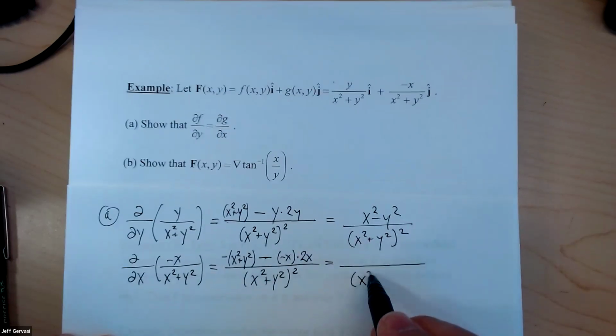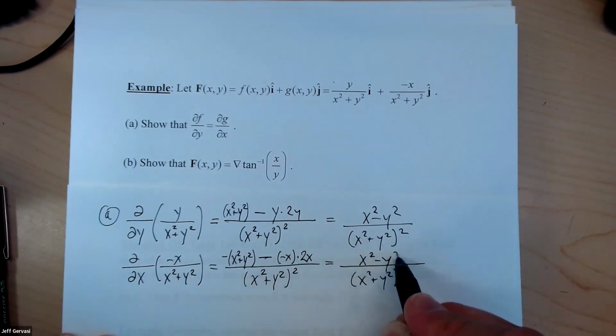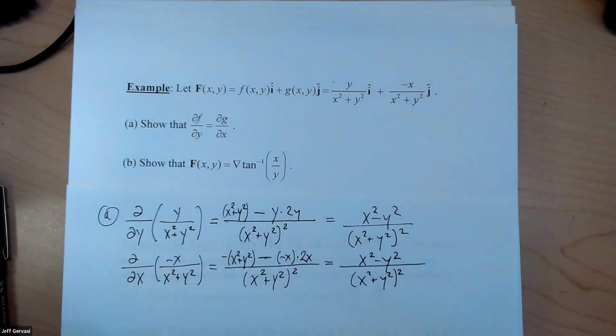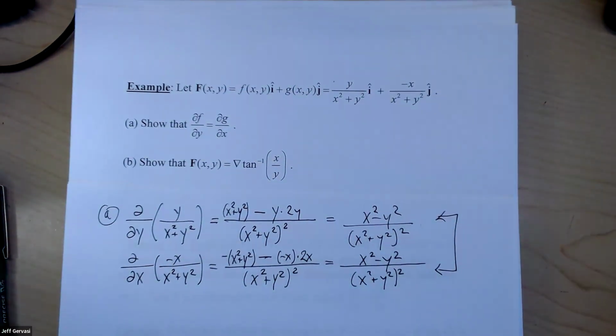Simplify. Minus minus is a positive. So again, we're going to get x squared minus y squared. And those two partial derivatives then are the same. So it would appear that our 2D test has been satisfied if you're just looking at the surface. Okay.